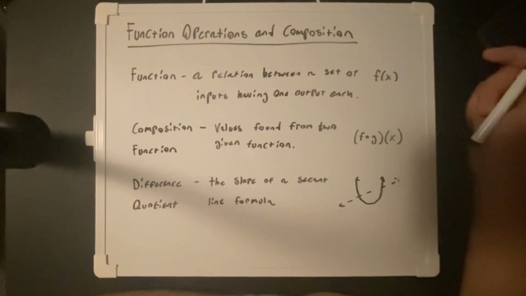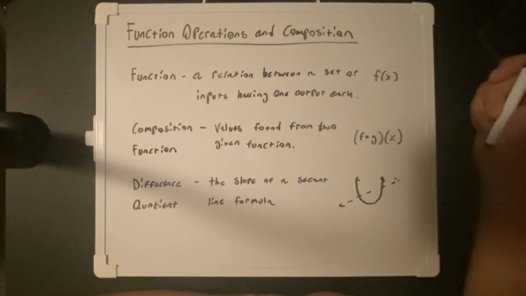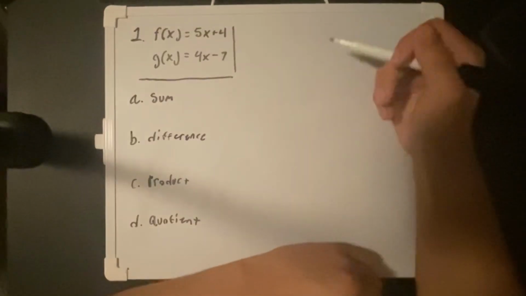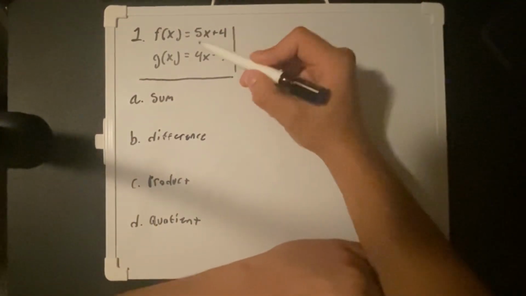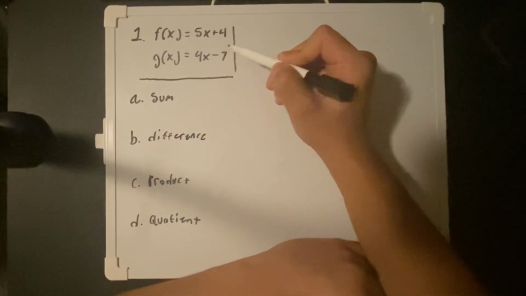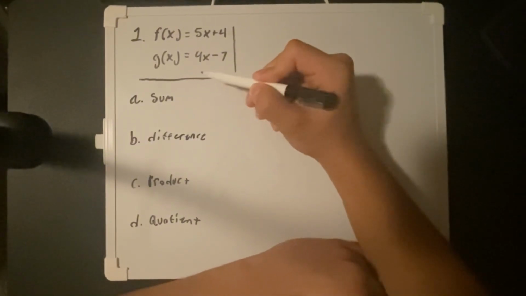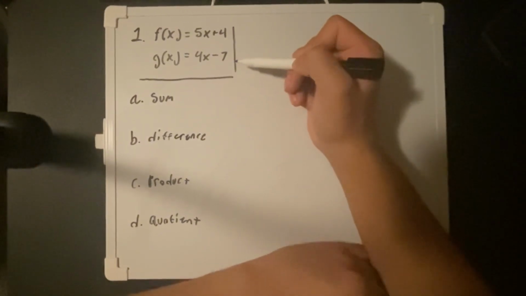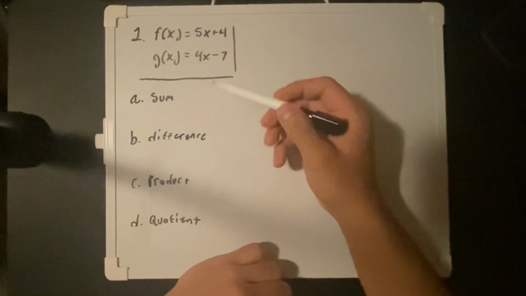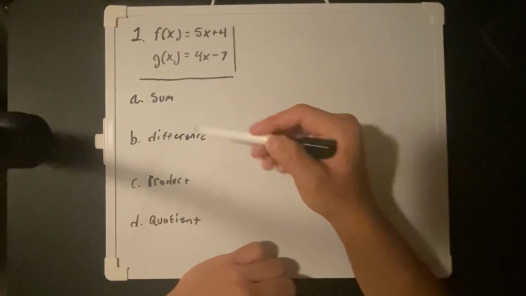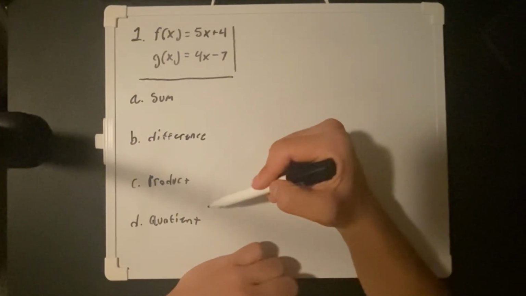Now that we understand some of the important definitions for this lesson, we will continue. For example number 1, we have f of x equals 5x plus 4, and g of x equals 4x minus 7. To figure out the answers, we have 4 solutions: the sum, difference, product, and quotient.